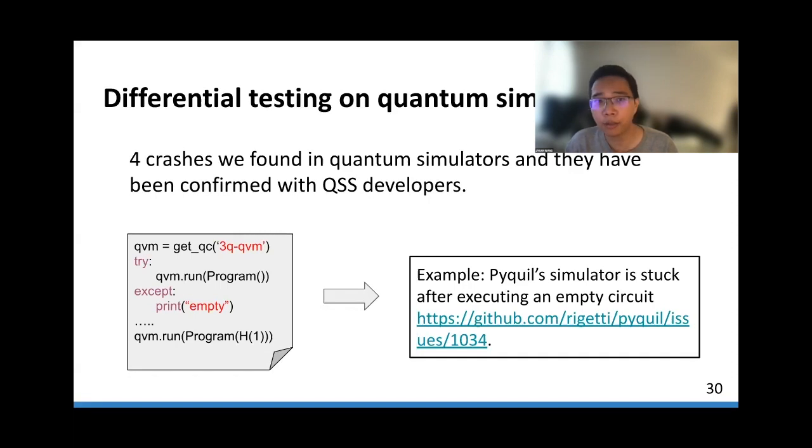While the state vector simulator runs this empty circuit normally, the quantum simulator throws exceptions. Then QDiff generates an arbitrary non-empty program. In the next few iterations, QDiff finds that these are bugs because the quantum simulator crashes while the state vector simulator does not.